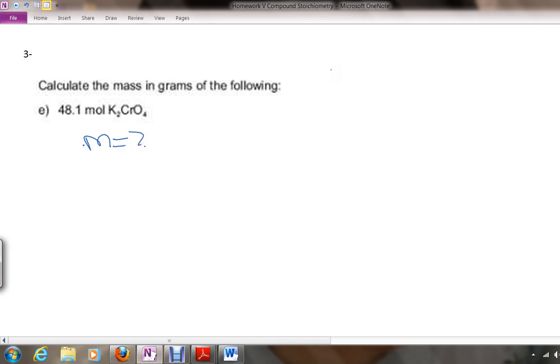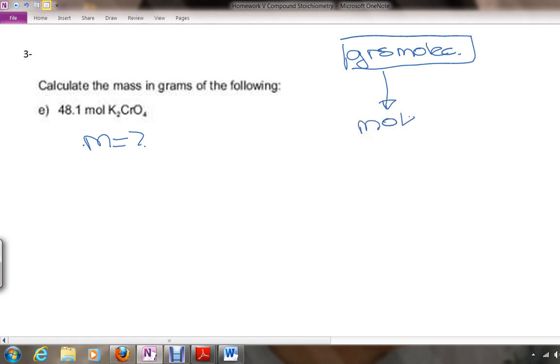If you look at their flow chart, you're going to get grams of molecules here, and this goes to moles of molecule. And that's what they give, moles of K2CrO4, which is a compound, a molecule. So going up, you multiply by the molar mass in grams per mole.